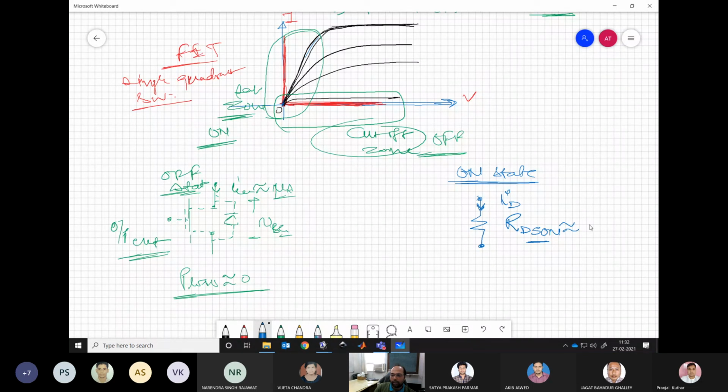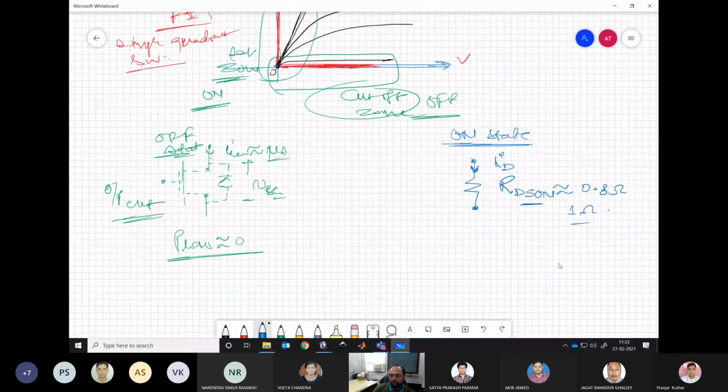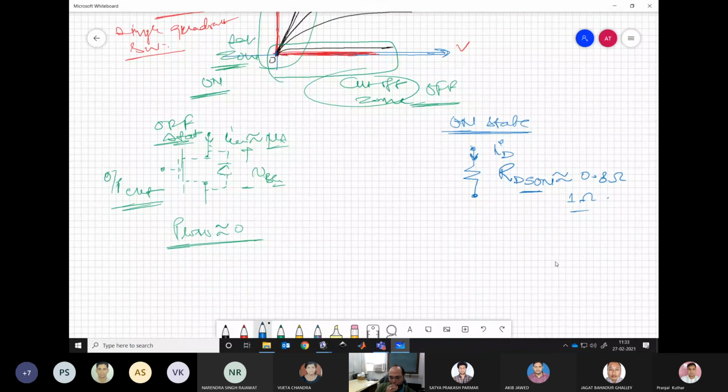RDS on is typically like 0.8 ohm or 1 ohm, or maybe even lower for some of the modern FETs, which have resistances of a few tens of milliohms, and it could be even lower depending on the technology.